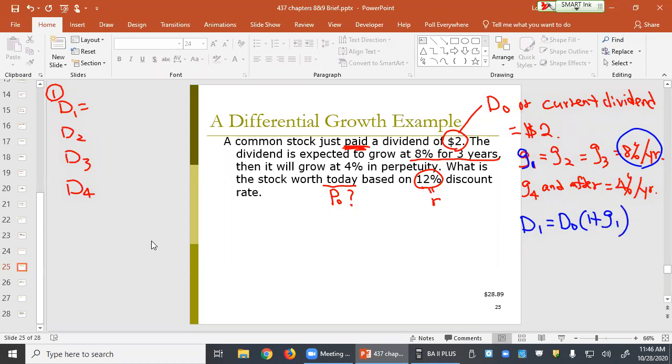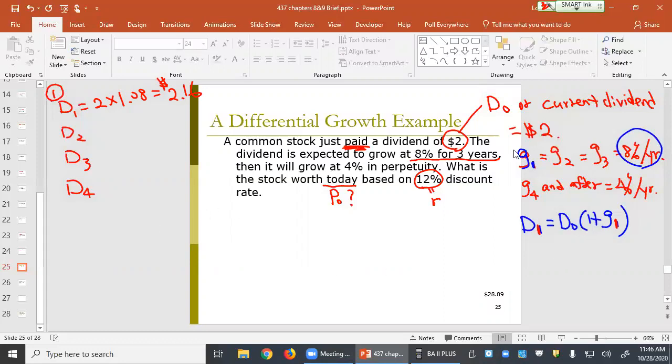Just so we're clear, if you're solving for D1, you have to plug in G1. What is our D0? $2, times 1 plus G1, and G1 is 8%. So 2 times 1.08 will give us $2.16 as our D1.